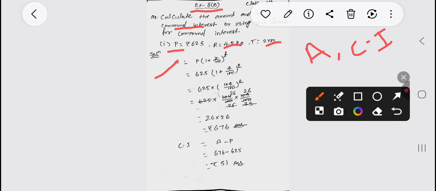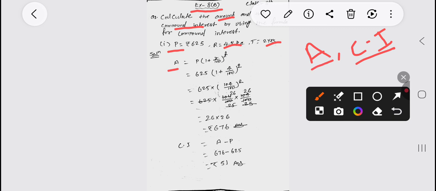If we do not have to calculate the amount, then we can use the formula of compound interest directly. But we have to calculate both here in this question, compound interest and amount.